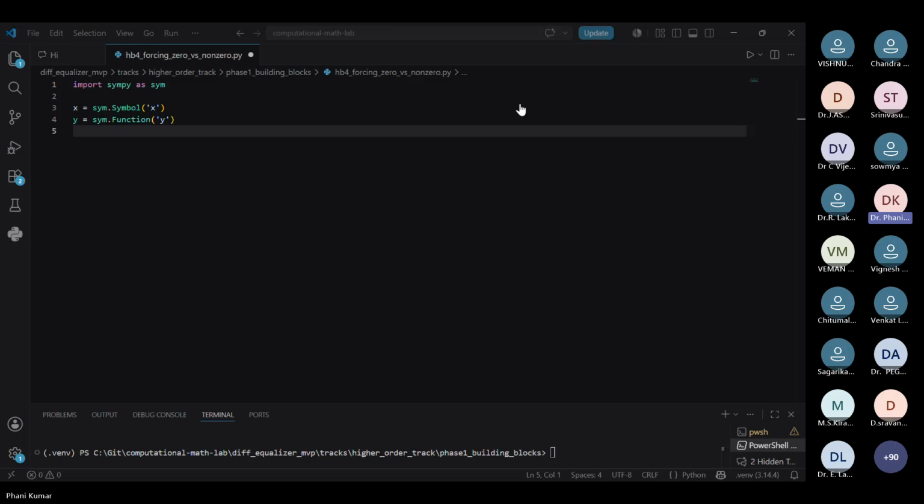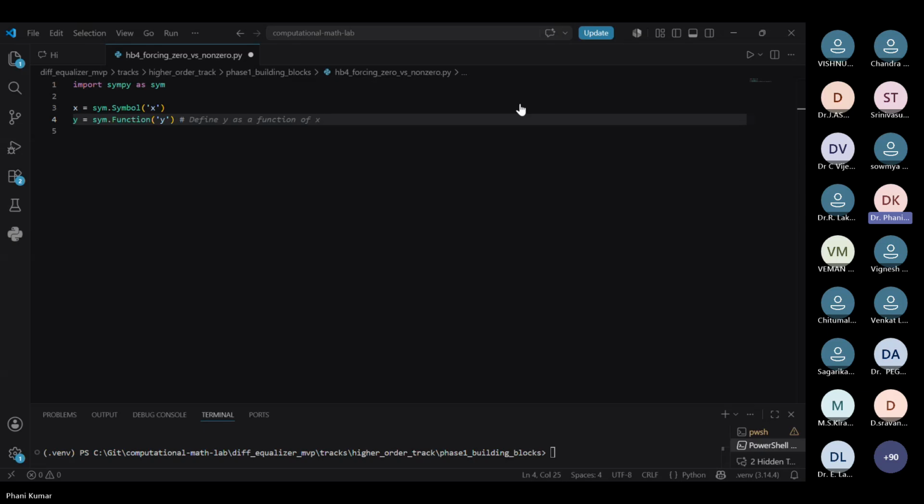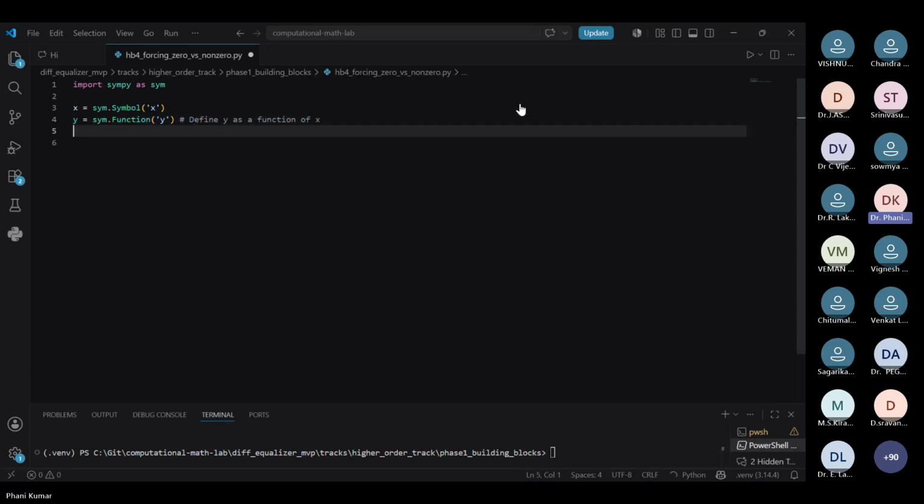It represents y as a function of x, so y means y(x), which lets us take the derivative of y with respect to x. y is the dependent variable and x is the independent variable. That's why we call this sim.Function of y. These two are very important: the independent variable x, and the dependent variable, which we always take as a sim.Function because we have y of x.